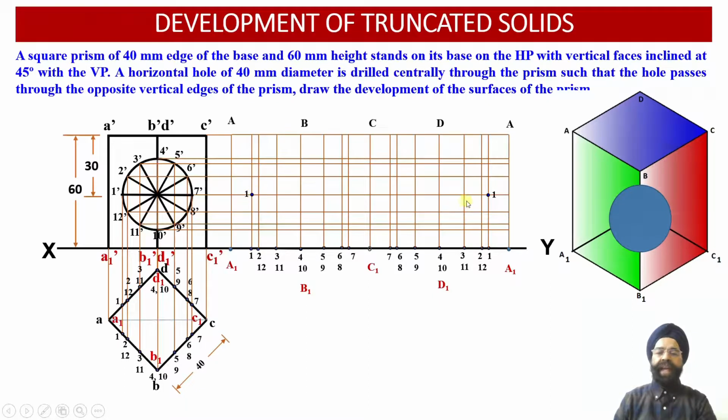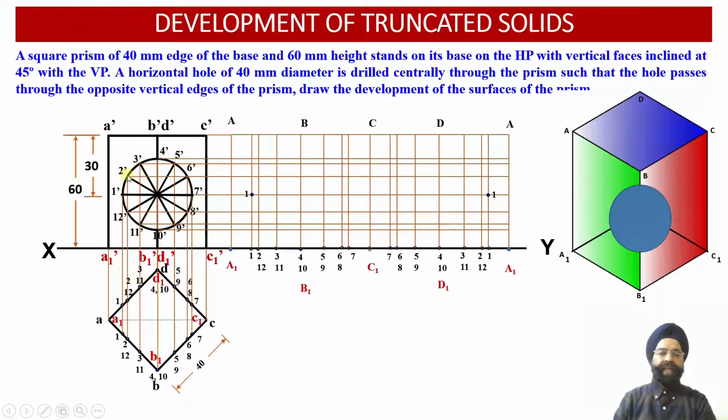So point 1 has been located on the POI vertical projector lines which are emerging from the points 1 over here. Now the next 2 points which are available are 2 and 12. We can check there are 2 vertical projector lines which we have obtained, corresponding to the front face and the rear face, where points 2 and 12 will be located. The vertical projector lines will provide us the location of these 2 points in the vertical orientation. Now let us find out the height corresponding to the points 2 and 12.